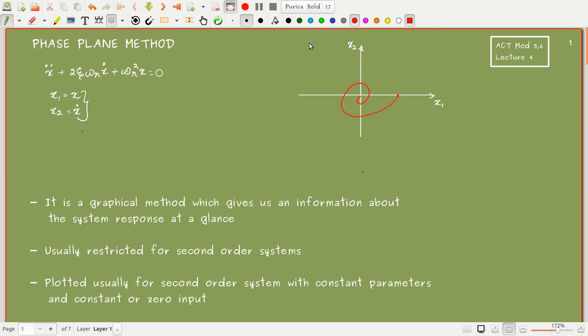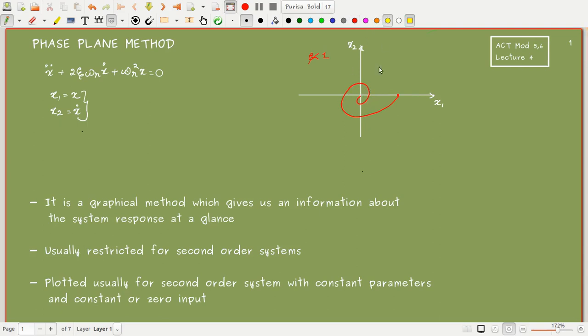Now this kind of a trajectory is for zeta less than 1 for some initial condition, and the path or curve traced by the phase variables on the phase plane is called a phase trajectory. This we had seen in the last lecture.